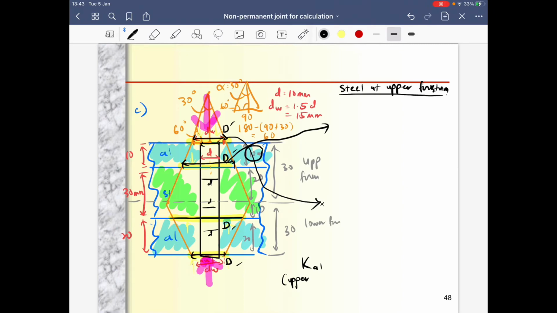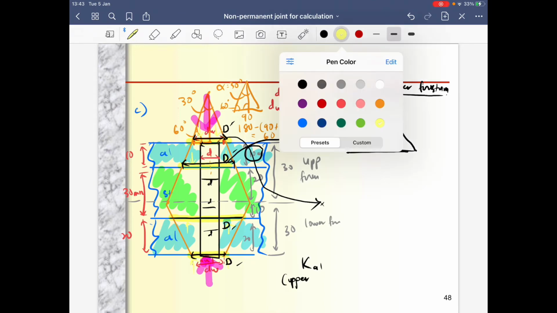So what is small d? Definitely the same, 10 mm. How about D? We don't know. D you can calculate based on this shape, the trapezoid shape.